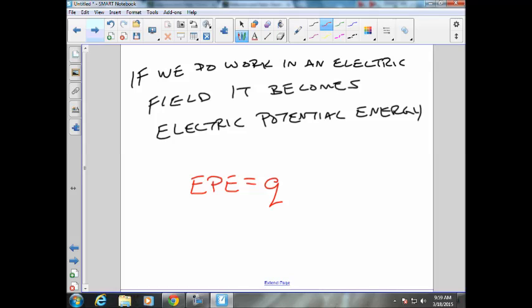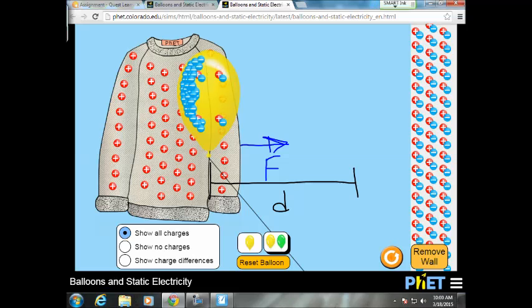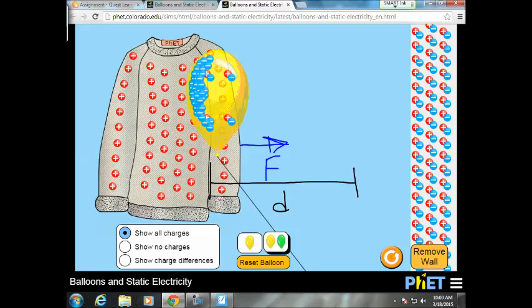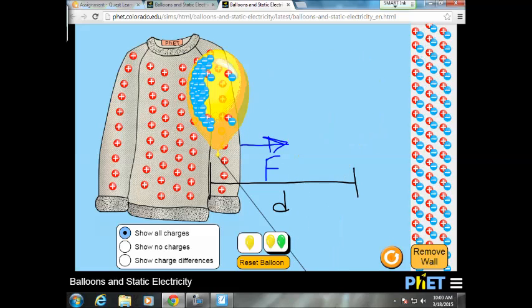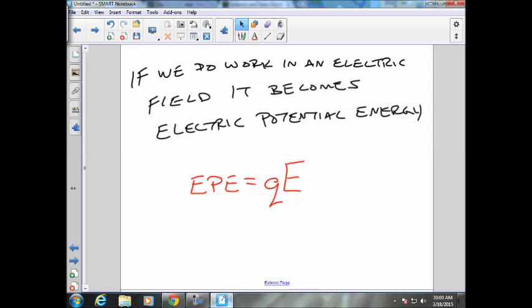What kind of field are we moving the object in? An electric field. How do you describe the strength of an electric field? E. And now if we go back to our balloon example, the distance that we move in that electric field becomes important to us.